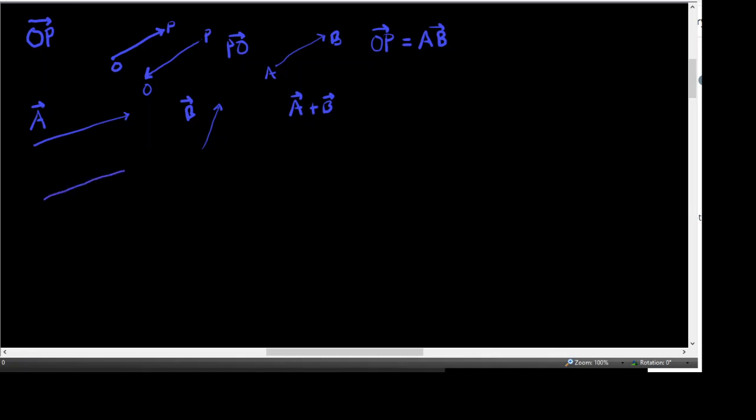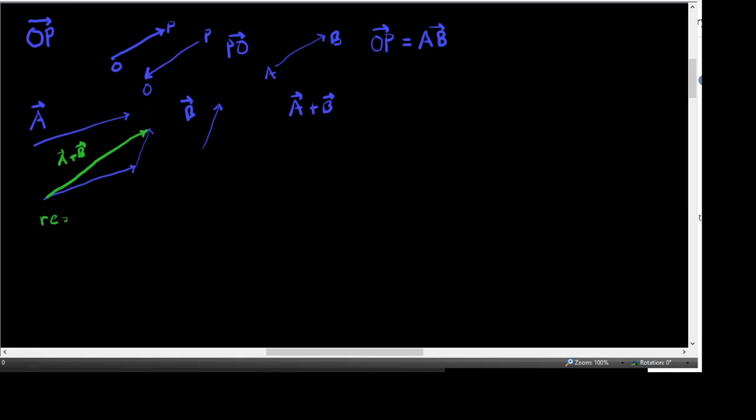If I were to draw A again, and then start drawing B where A's terminal point is, pick up right there and start drawing B, and then the resultant vector will go from the initial point of our first vector A to the terminal point of our second vector B, like that, and that is the new vector, vector A plus vector B. And again, the term I use for that is resultant.